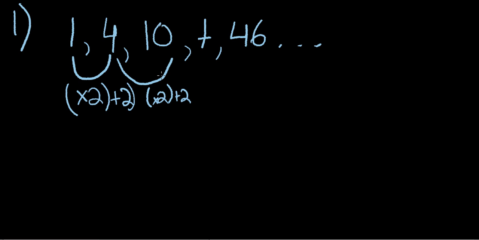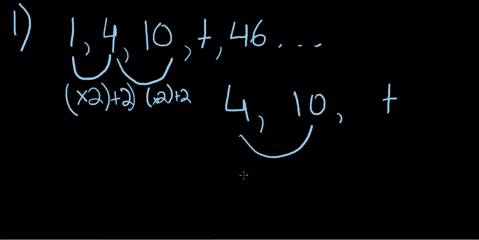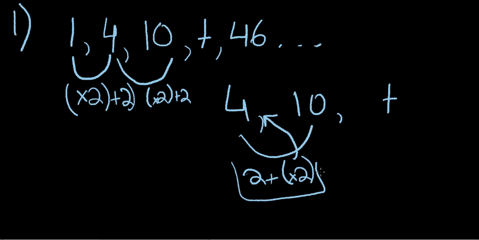So what is the value of t? Let's do it again. So 4, 10, t. Each jump is 2 more than twice the previous term. From 10 to t, 10 times 2 plus 2.